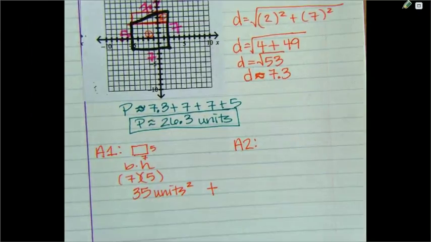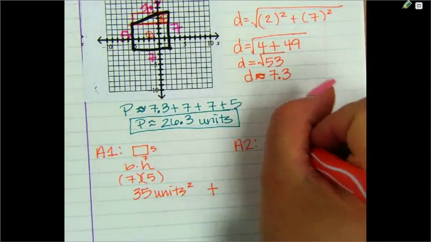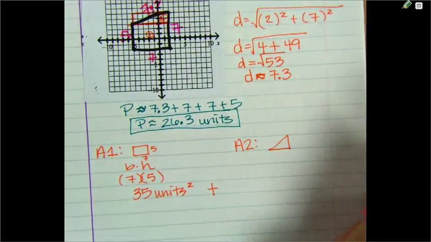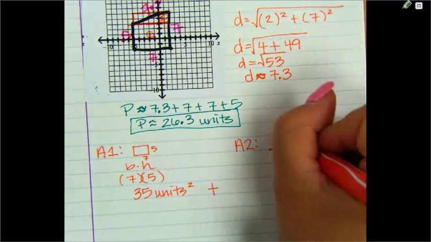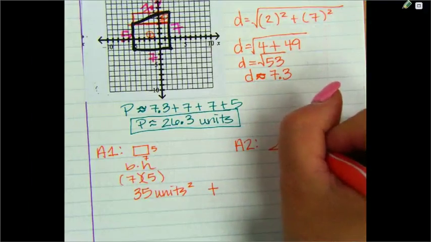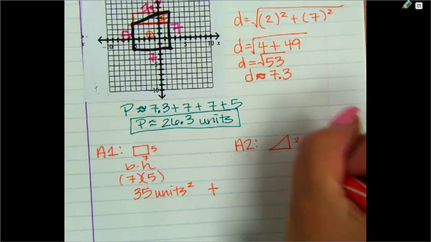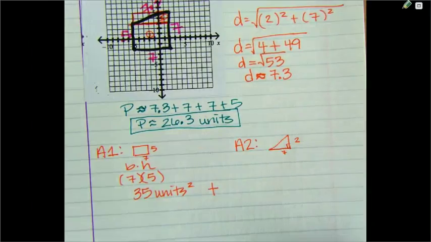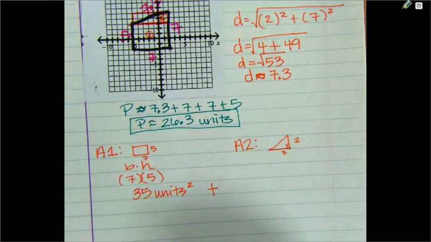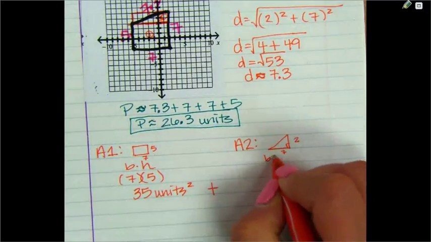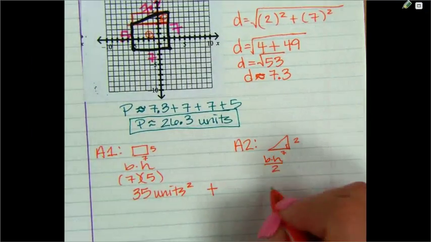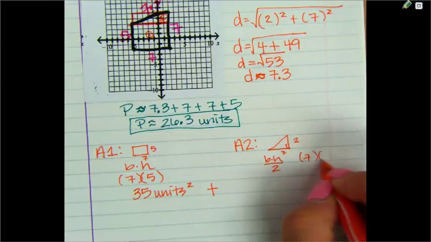Plus. Okay, the other shape. What is it? It's a right triangle. Good. What's the height of the right triangle? No, it's not. 2. It is 2. What's the base of the right triangle? 7. How do you find the area of this? Base times height divided by 2. What's your base again? 7. What's your height? 2.